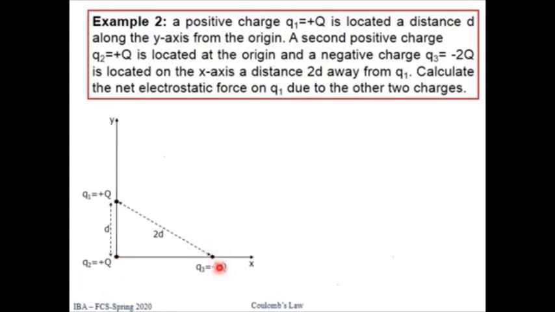In order to solve this problem, we need to find the force between Q1 and Q2, and the force between Q1 and Q3, and then finally add both these forces vectorially, and we will get our final result.